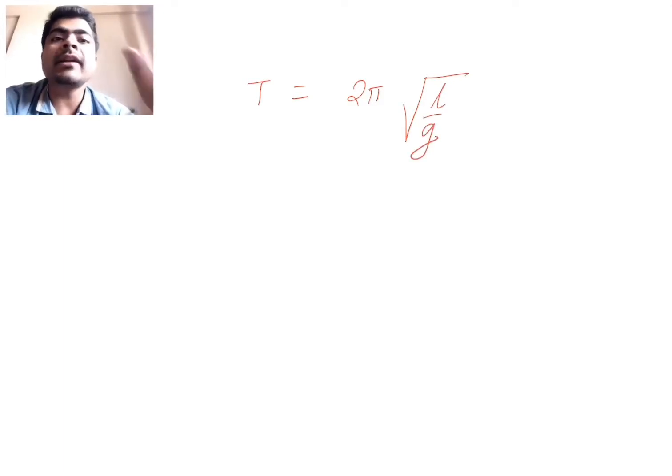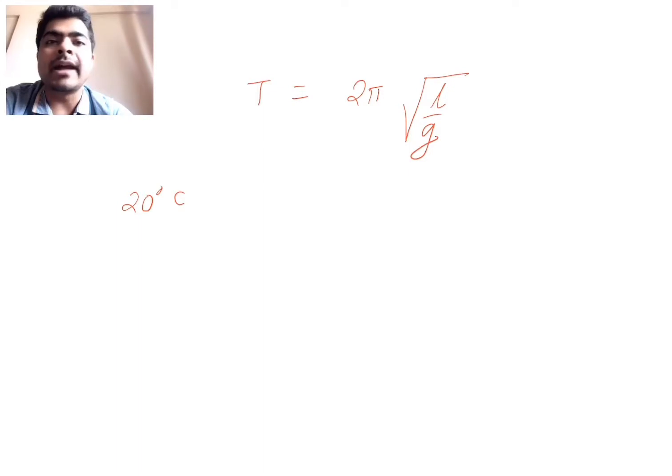Now the time period of a simple pendulum is given by 2 pi under root L by g. So in our question g is changing. So we need to change L by changing temperature, then the time period should remain the same. So at 20 degrees Celsius, what is the value of L?